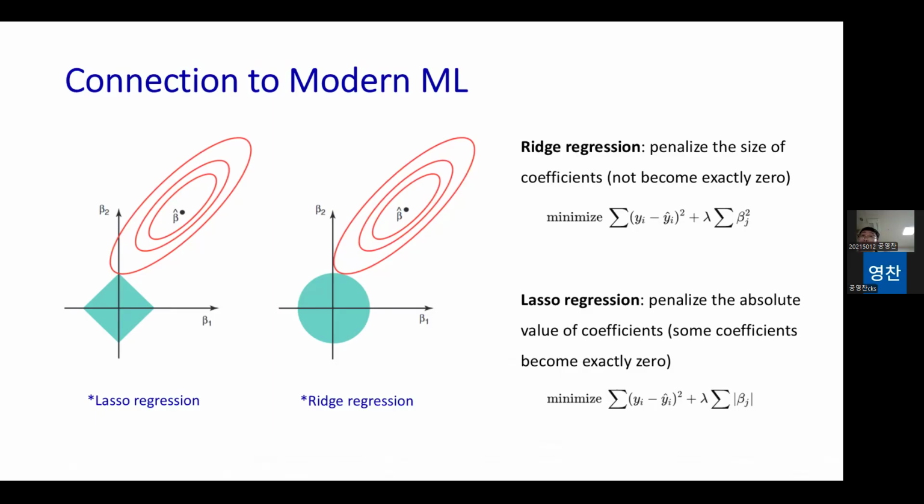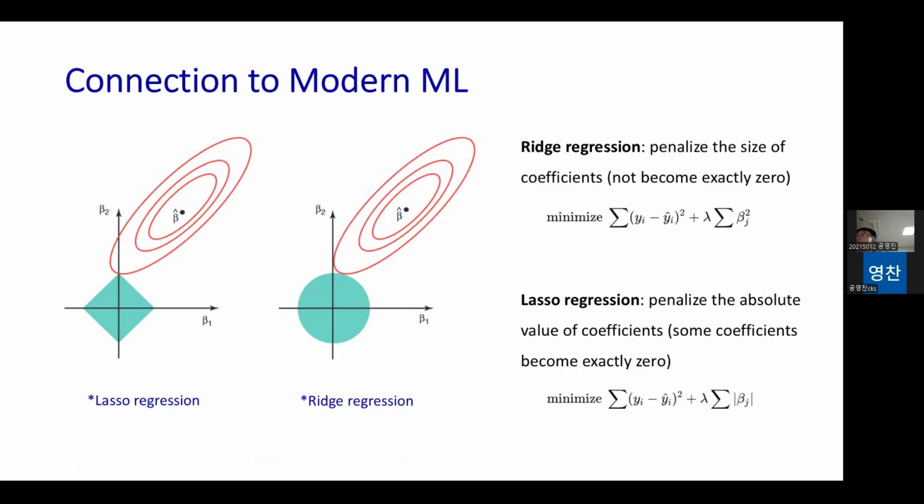In ridge regression, we penalize the size of coefficients, making them smaller but never exactly zero. This reduces overfitting by shrinking the effect of less important predictors. And in lasso regression, we penalize the absolute value of coefficients.